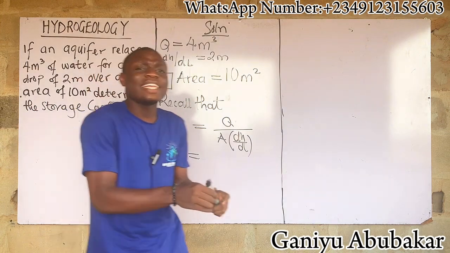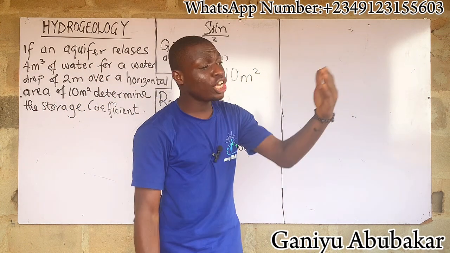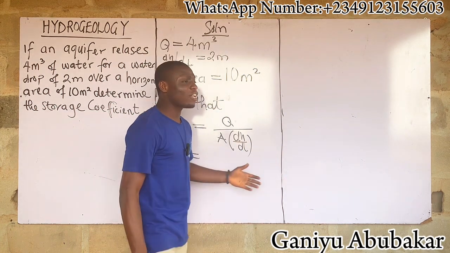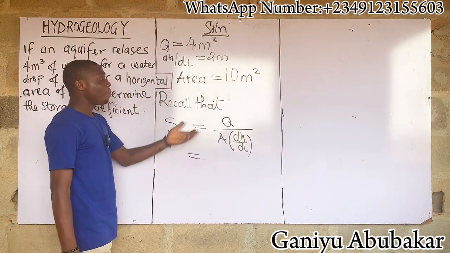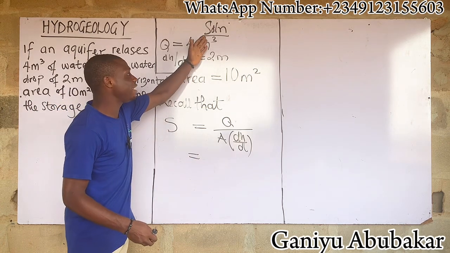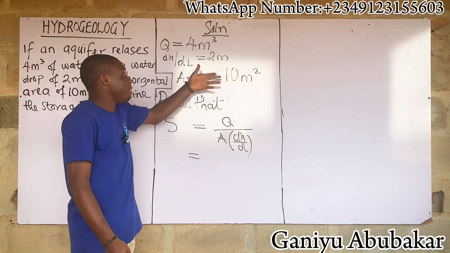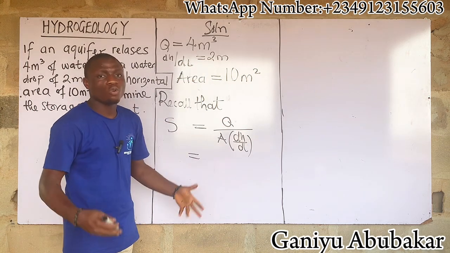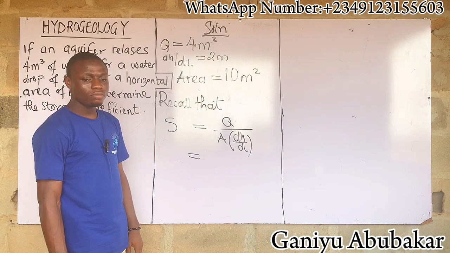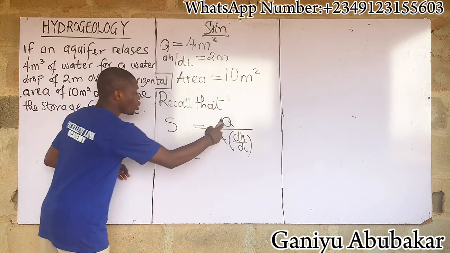Yes, after listing out parameters in science, check the SI units. Are they uniform? Check the units. They're all in meters, all the same. No conversion. That's the task.